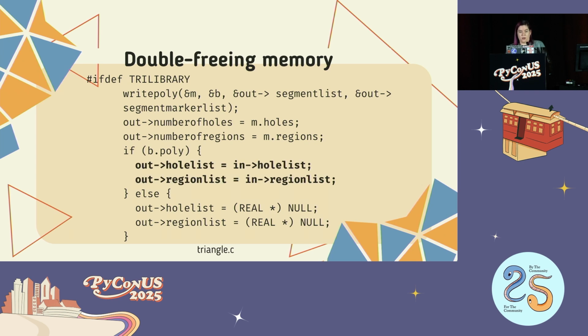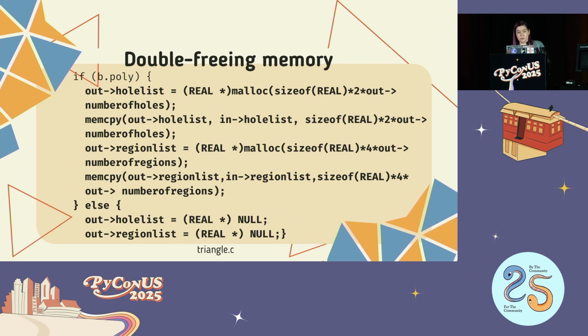And the problem is, it says that if the polygon flag is set, it's just using the same reference for the input struct and the output struct. So at the end, when I was freeing memory from the input struct, it was already gone by the time the output struct was being deallocated. To fix this, again, I edited the underlying C code just to copy that information because it's the same from the input to the output.